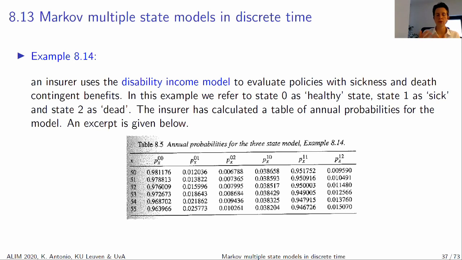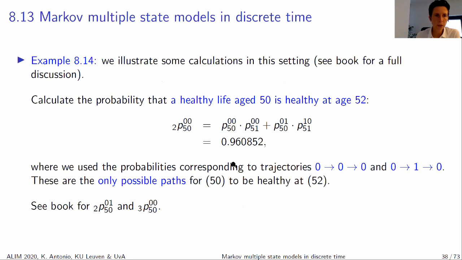And the question is, if you have these probabilities, can you then say something about the transition probabilities over multi-year time intervals? So if we start with an example, what if we would be asked to calculate the probability that a healthy life age 50 is healthy at age 52? So we would denote that in our notation with 2p50^00.